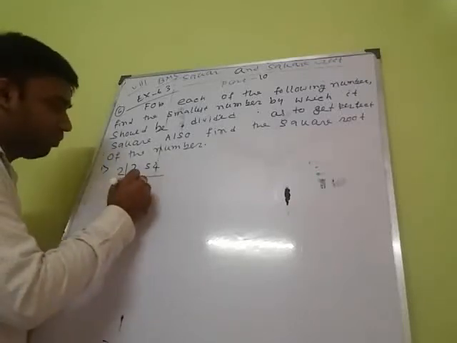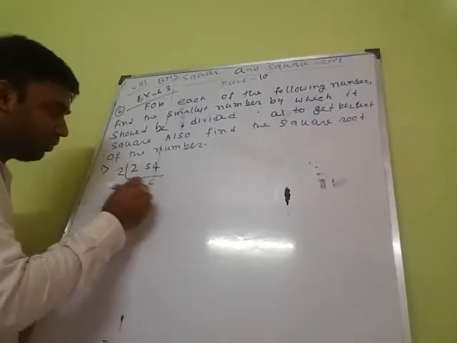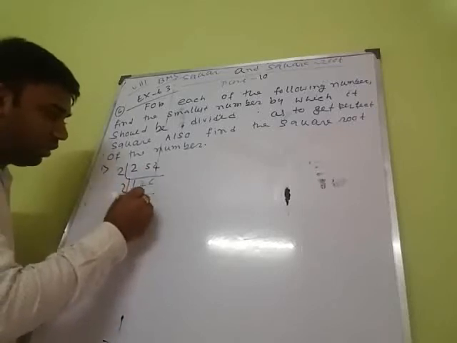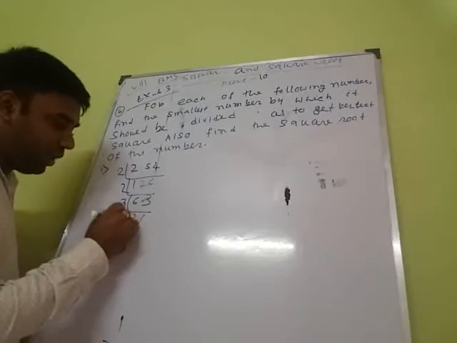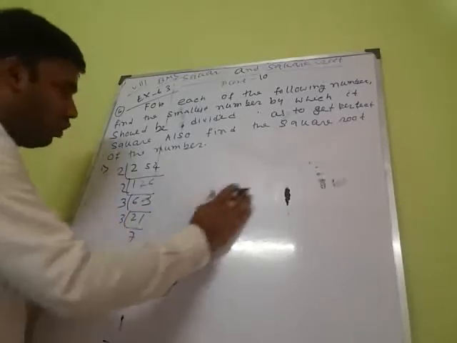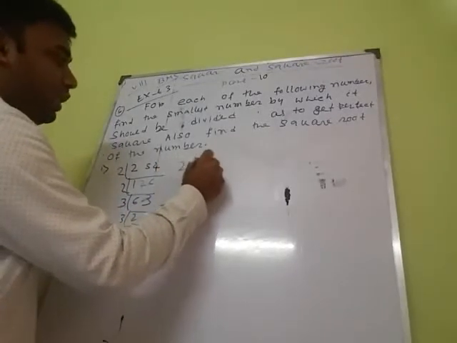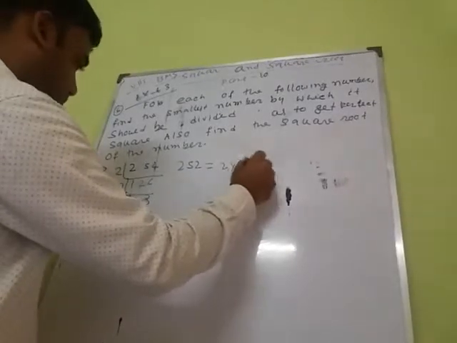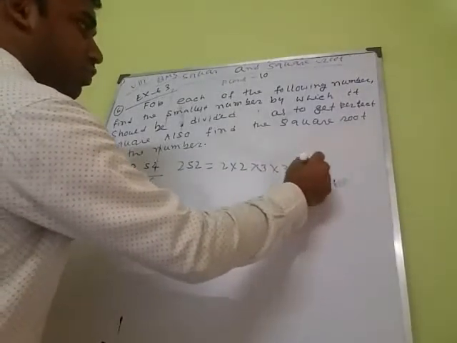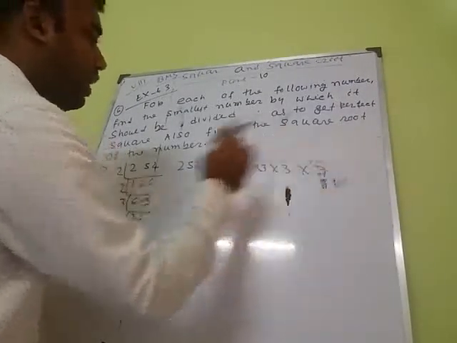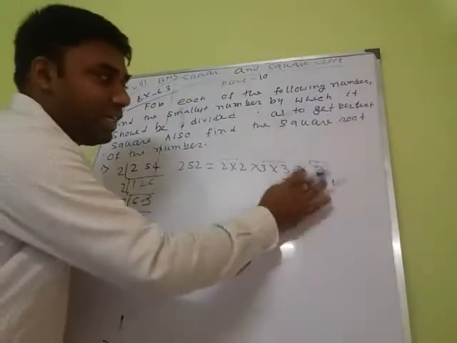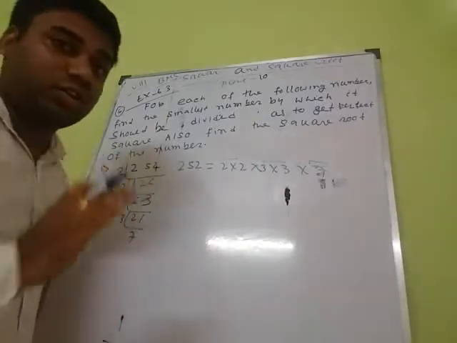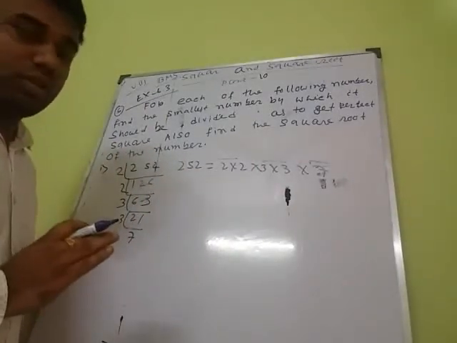252 divided by 2 is 126, divided by 2 is 63, divided by 3 is 21, divided by 3 is 7. So 252 equals 2 into 2 into 3 into 3 into 7. As 252 is not a perfect square number, obviously all the factors cannot form pairs.